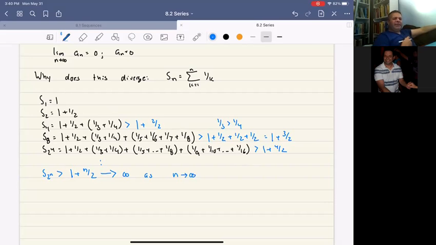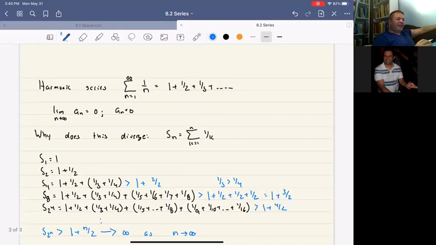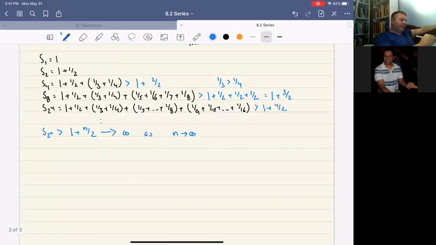Now, granted, this is going to go pretty slowly to infinity, but it's still going to go to infinity. In fact, it's going to go to infinity kind of like how the integral of 1 over x goes to infinity. Remember, that's log of x.